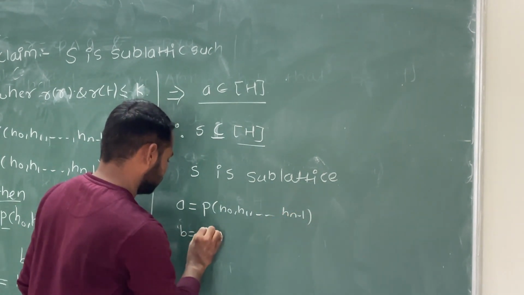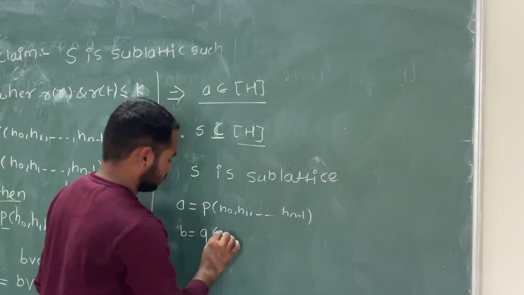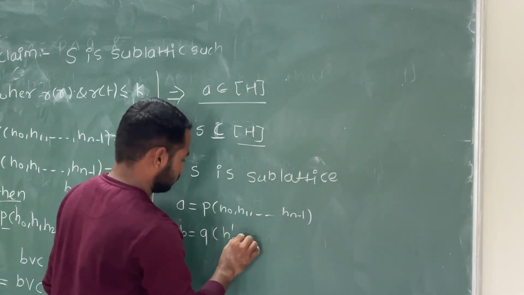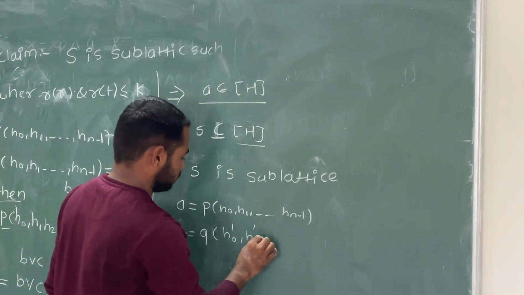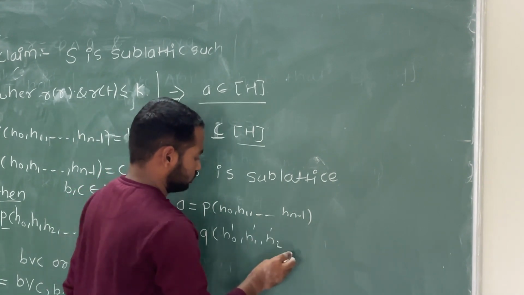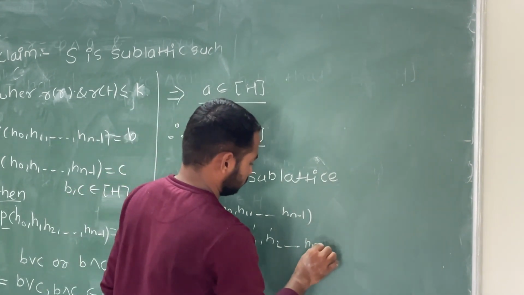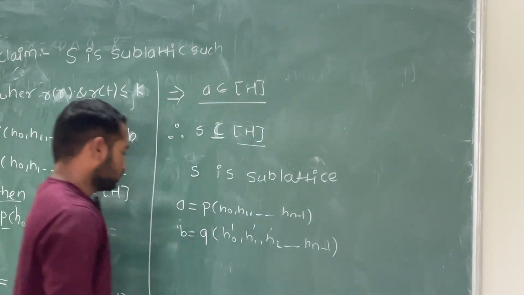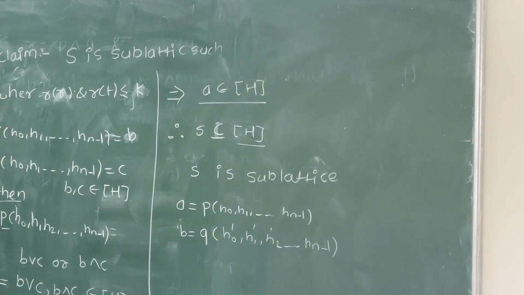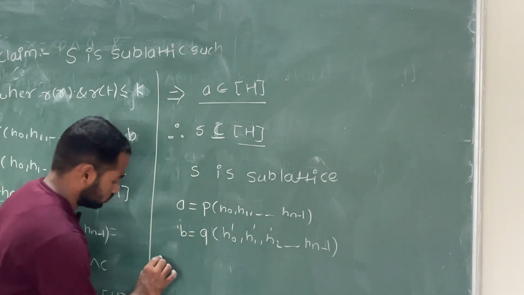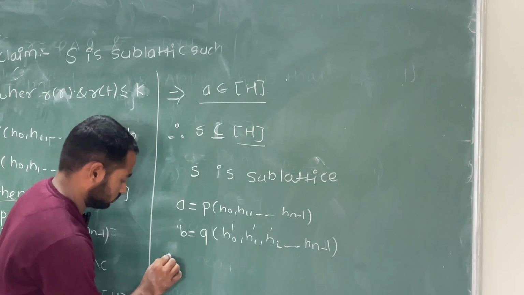What is the meaning of proving something is a sublattice? Take two elements and prove that the meet and join of those two elements are there. You write there S is a sublattice, and write claim.